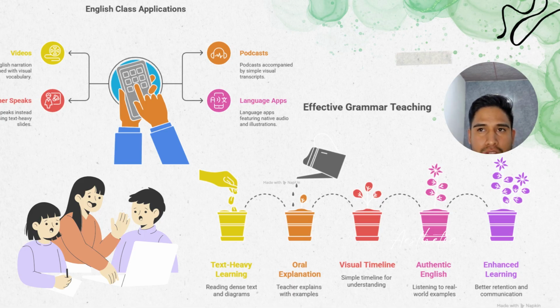And let me give you a concrete example so this is really clear. Imagine you're learning the present perfect, okay? The old way, which doesn't work as well: your teacher puts up a slide full of text, like "the present perfect is used for actions that started in the past and continue in the present," blah blah blah.